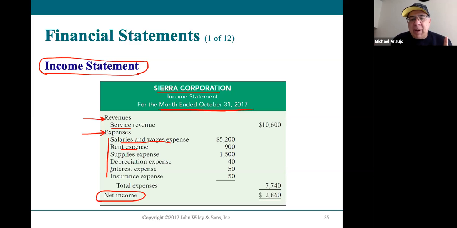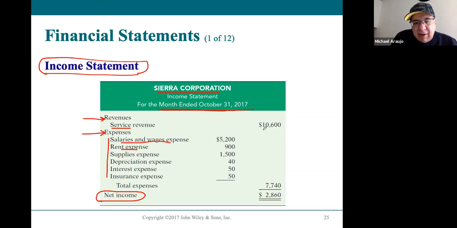So that becomes a rent expense. And so again, each particular expense account is listed and very important to understand, okay? And again, you'll get to know a little bit more about each of these expenses over time.